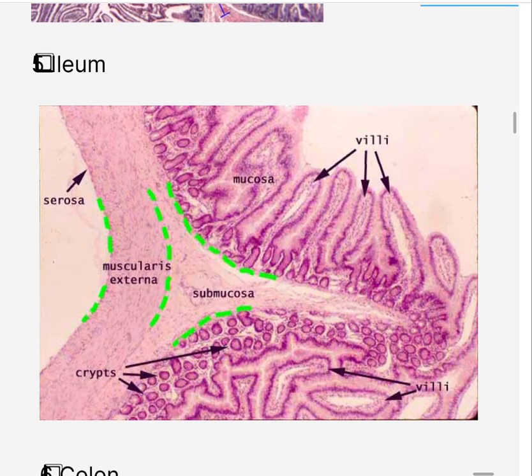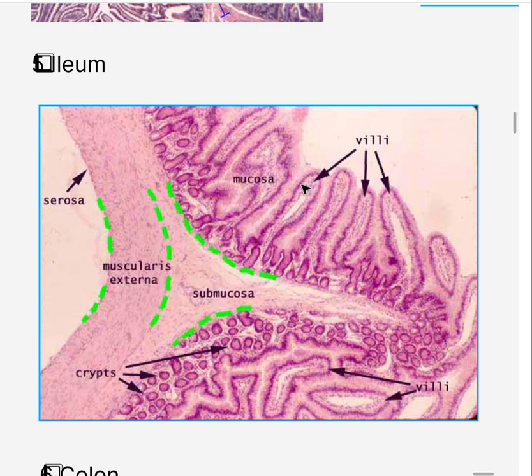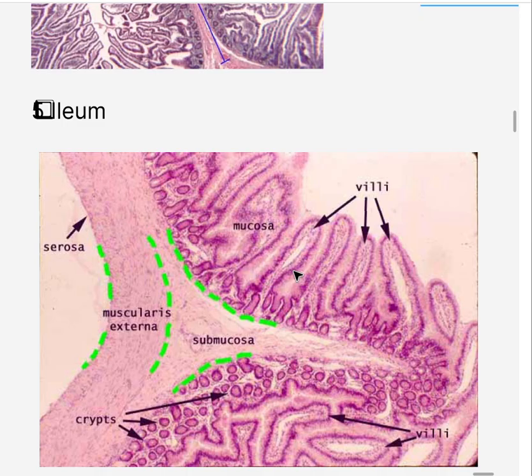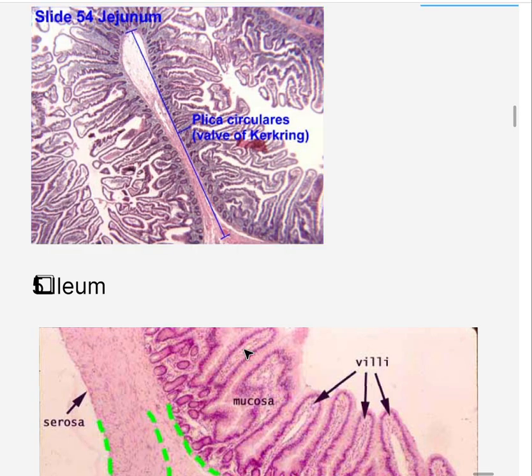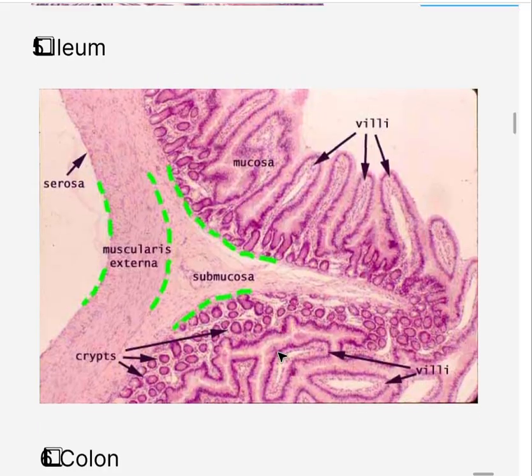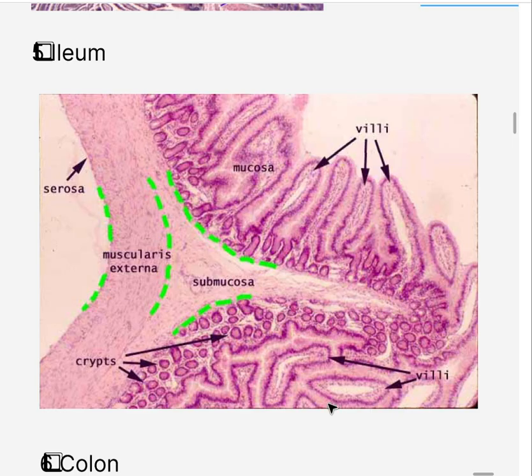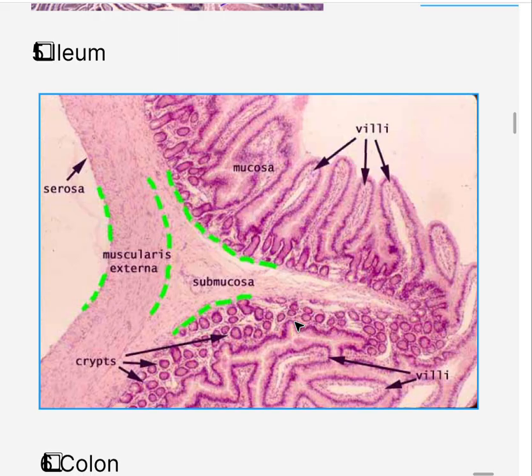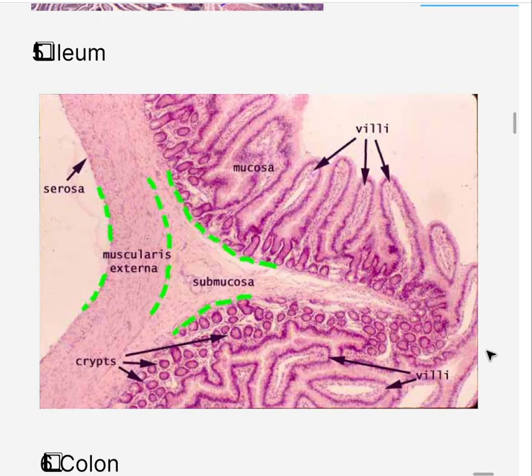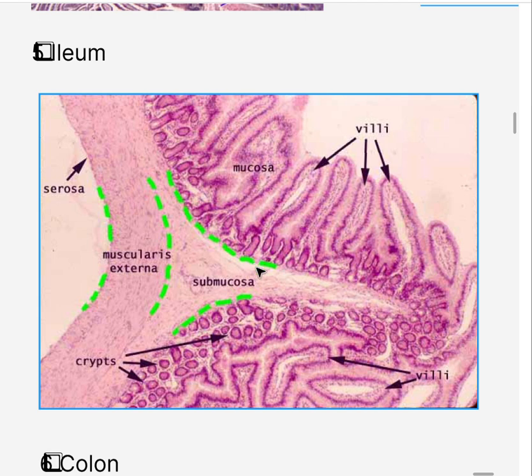We now move on to the ileum. The ileum has shorter and blunter villi than the ones in the jejunum. They have aggregated lymphoid nodules, not seen here, which are basically Peyer's patches. The Peyer's patches are aggregated lymphoid nodules which extend from the lamina propria all the way to the submucosa.